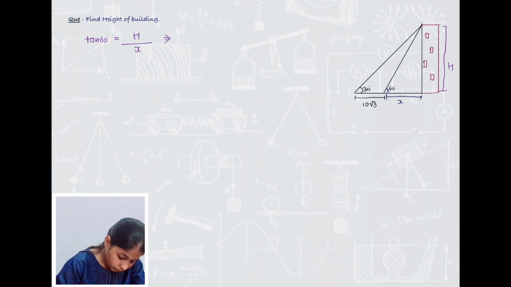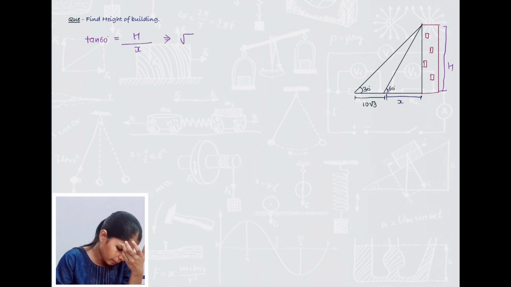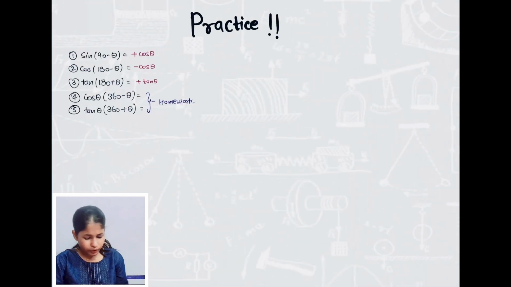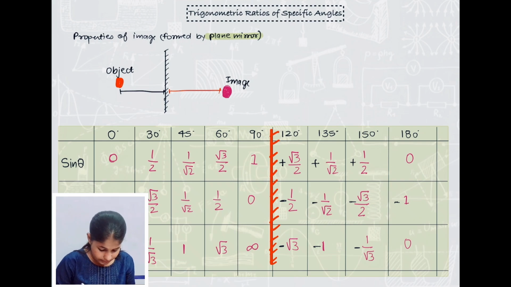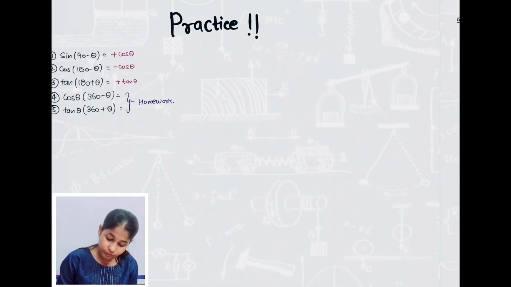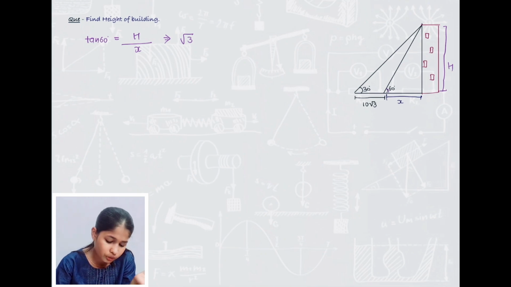Now solve it. What is the value of tan 60 degrees? It is under root 3. If you can't remember, kindly learn it. But for your confirmation, this is given as under root 3. And how have we solved it? If you can do fast calculation in your mind, you can also do the calculation.